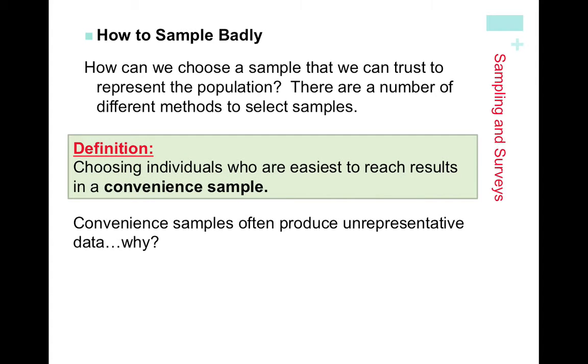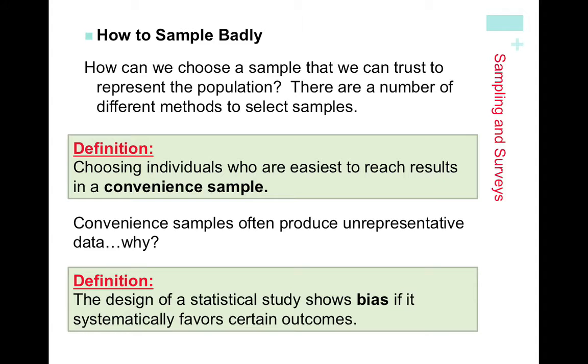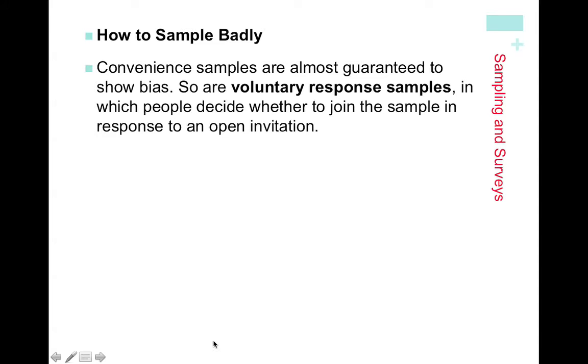Remember, there's ways to sample badly. So one way to sample badly is just doing convenience samples, so just sampling people that are easy to collect. So if I just stood outside my classroom and just talked to students that walked by, it would be convenience. That sample is not going to be representative of my population, and then that design would be biased because it systematically favors certain outcomes.